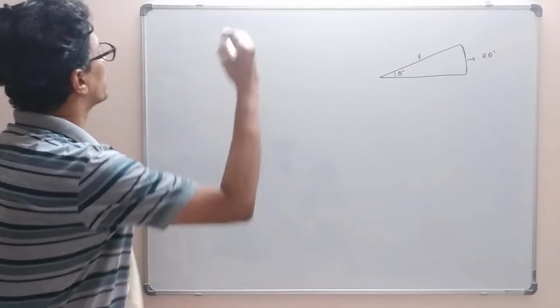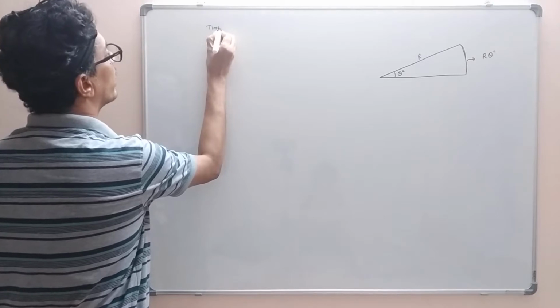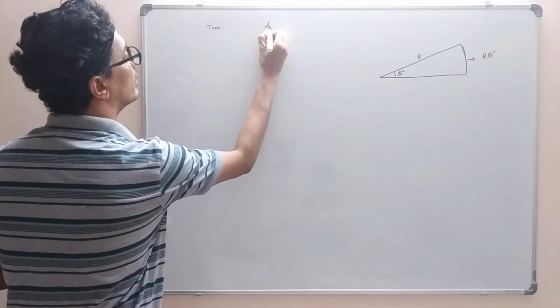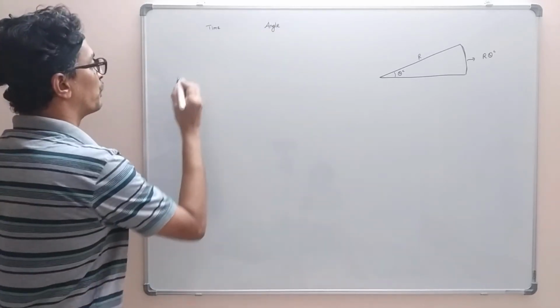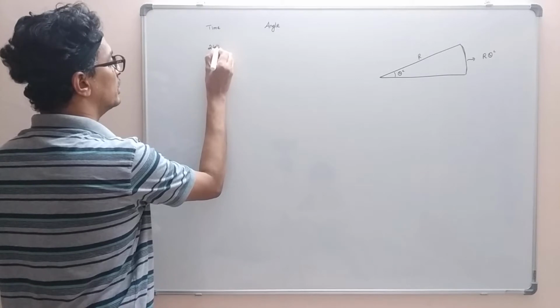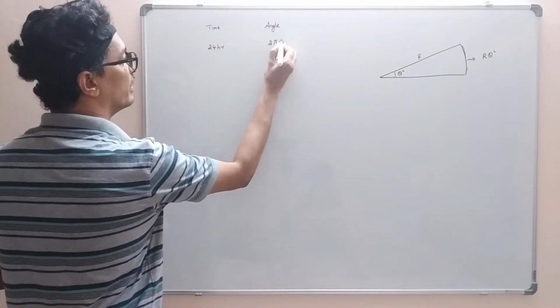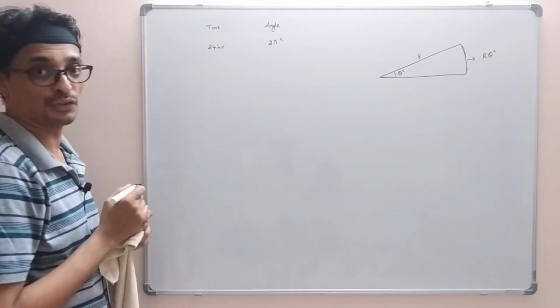So the time and the angle made by the earth we are going to see. In 24 hours earth makes 2 pi radians, correct? Let us convert 24 hours into seconds.